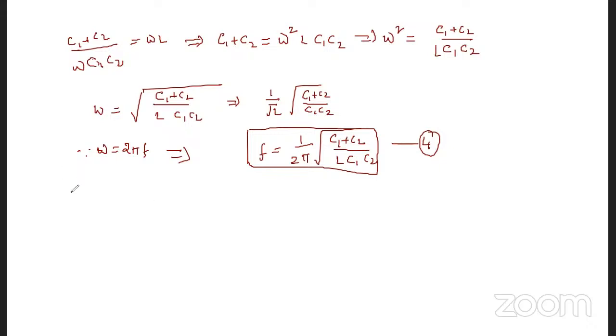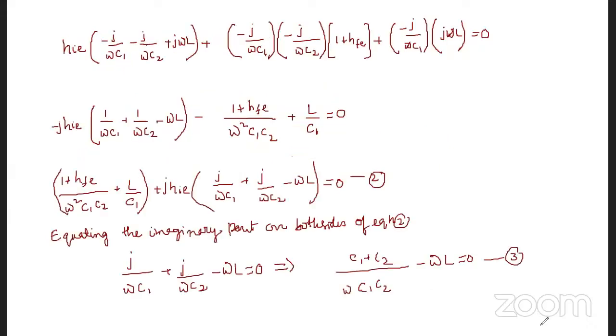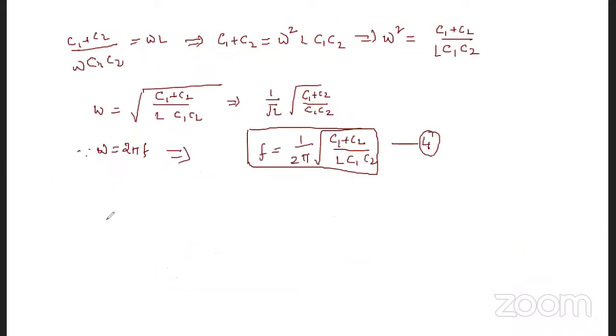Now next, in this equation, we will make both sides equal, that is, we are going to equate the real parts on both sides of this equation 2. So after obtaining this condition of maintenance of oscillations, now we will equate the real parts on both sides in equation number 2.